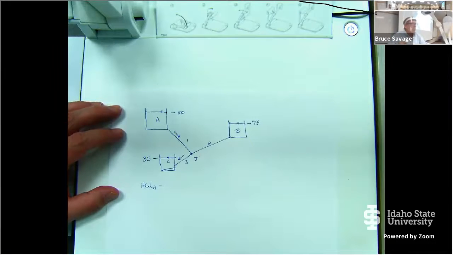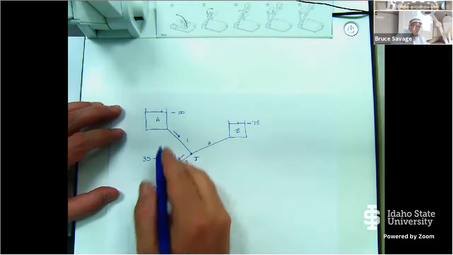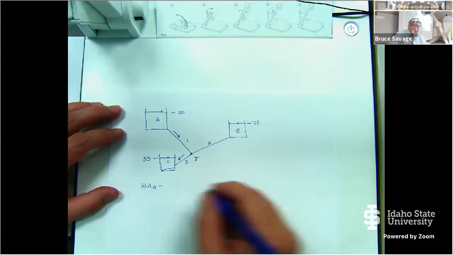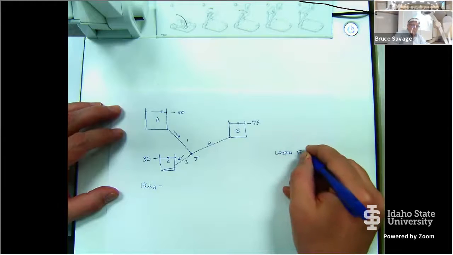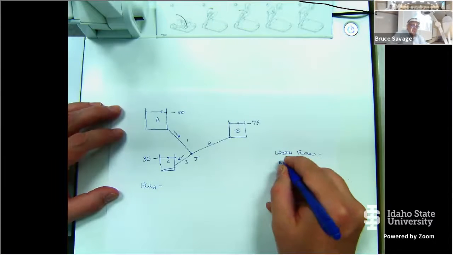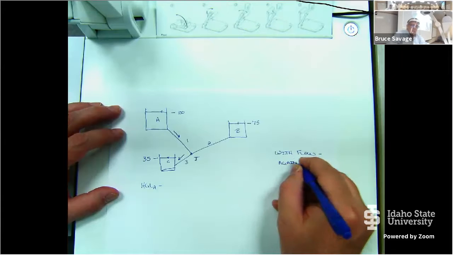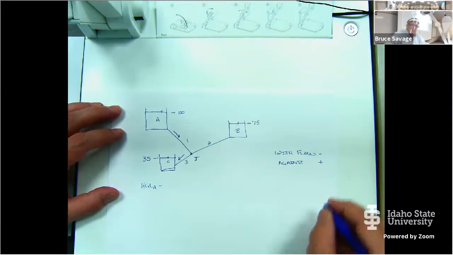So I'm now going to write my equations from A to B, the energy equation from A to B. All right. So I start off at A, the hydraulic grade line at A, and I'm going to go with the flow. So with flow is negative, and against is positive.